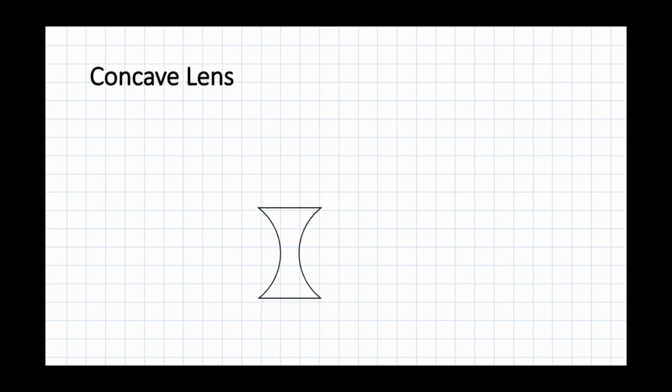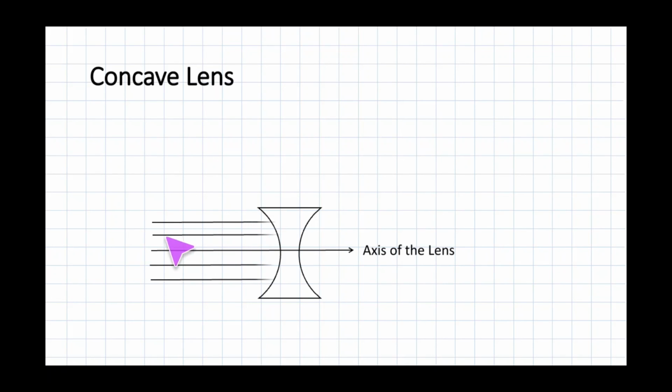Now let us consider a concave lens. So let us consider how the image is formed in case of a concave lens. So this is a concave lens that we know. Here it is the optical axis, and we know that whenever parallel rays are incident on a concave lens, they diverge.